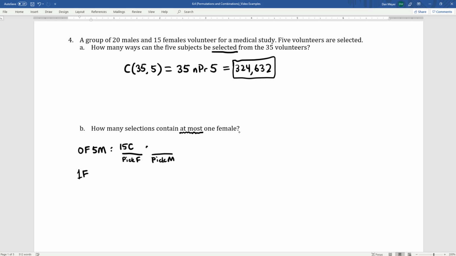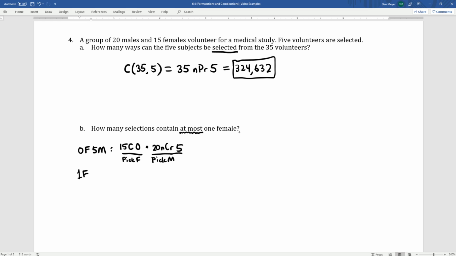I'm going to abbreviate this: 15 choose 0. I'm not going to pick any of them. So that's not really its own step. I mean, if you do 15 choose 0 on the calculator, that just gives you 1. There's one way to choose none of them. Then for the males, we have 20 males to choose from. We got to choose 5.